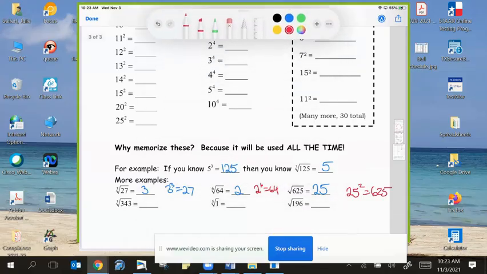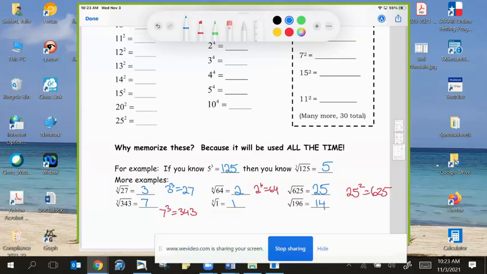So you can go backwards very easily. Cube root of 343 is 7, because 7 to the power of 3 is 343. Any root of 1 is 1. Square root of 196 is 14 because 14 squared is 196.